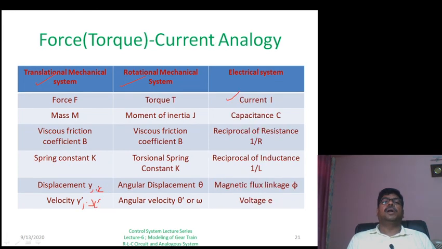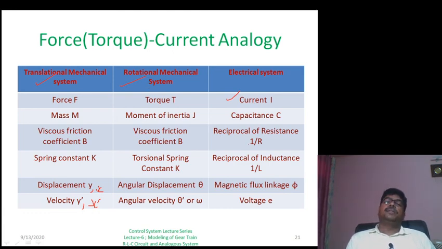Now coming to the force torque current analogy, here the current is the applied force, similar to the force in the translational motion and torque in the rotational motion. Capacitance is similar to the mass that stores the kinetic energy and the moment of inertia in the rotational body.